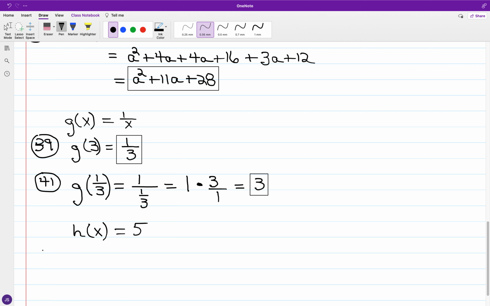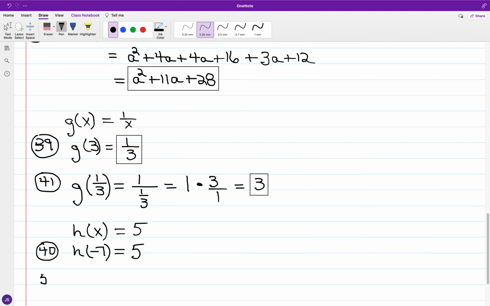For h of x, if you change the input x to -7, there's no variable term or expression to work with on the right. You just have the number 5, and whatever's put in for x is not going to budge 5 from where it stands. So h of -7 is equal to 5.